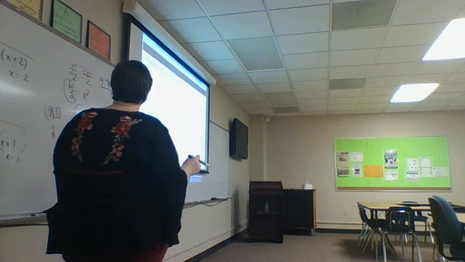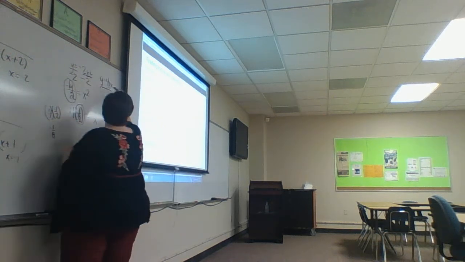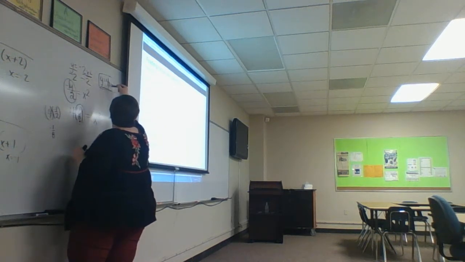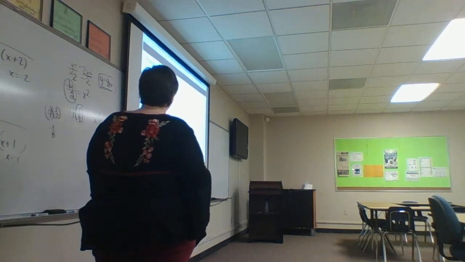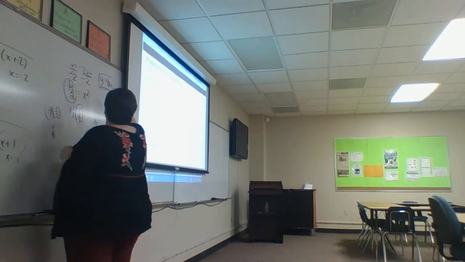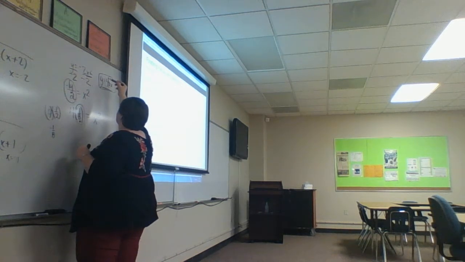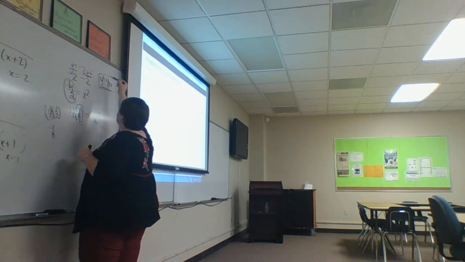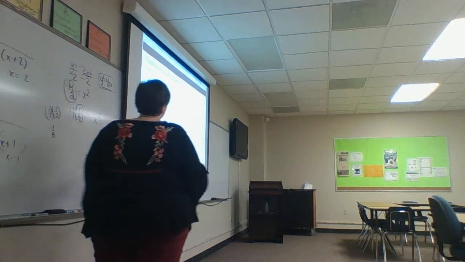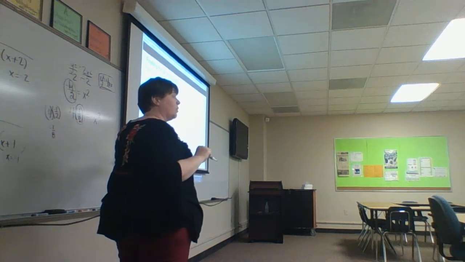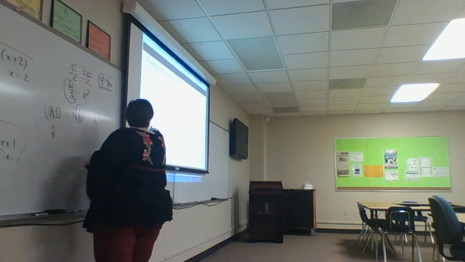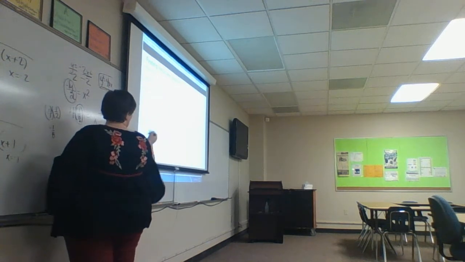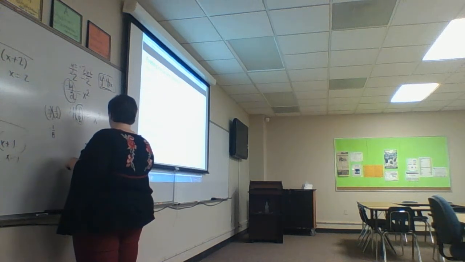Where'd the 4 come from again? That is my equation, 4px. What does the p mean? P is where you have the focus point. P for point. Okay, so if p is negative, the parabola opens downward.